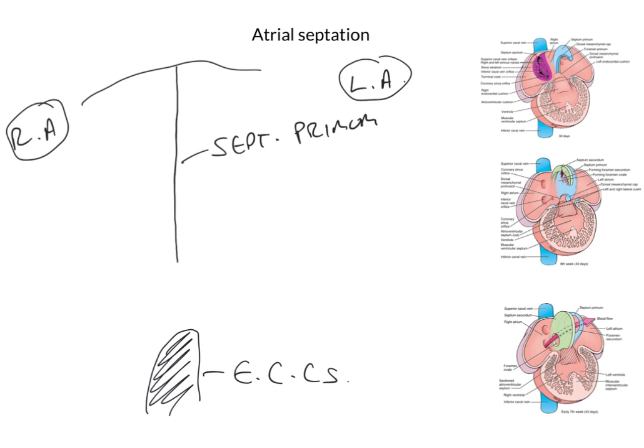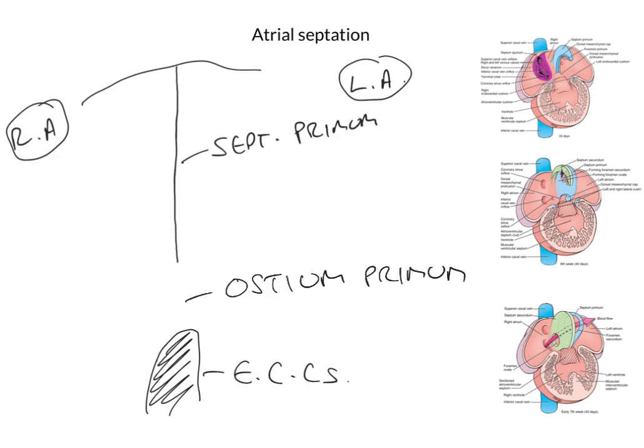Necessarily, as septum primum grows down, it leaves a gap between its free edge and the endocardial cushions. This first hole is known as ostium primum, ostium meaning little mouth. Sometimes you'll see it called foramen primum. In this context, ostium and foramen are interchangeable.